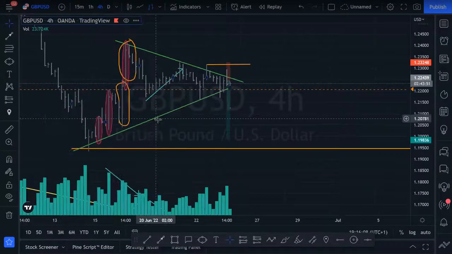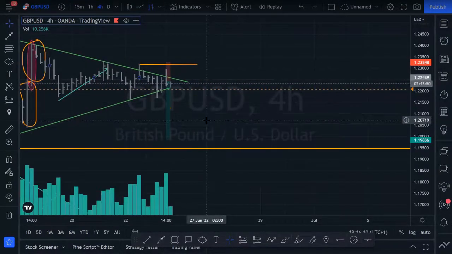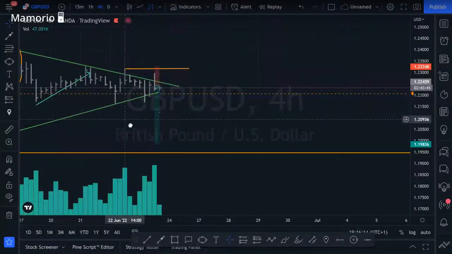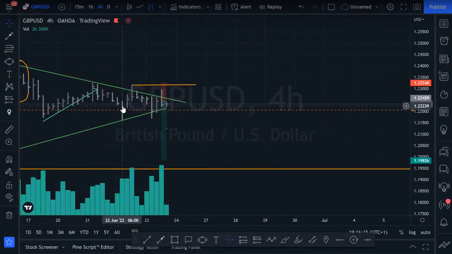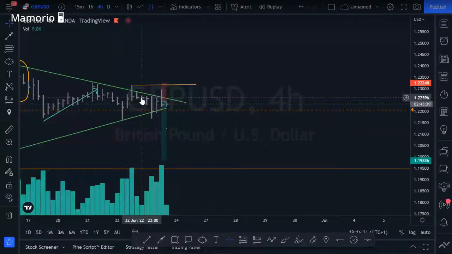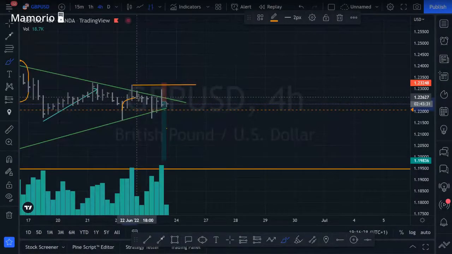Then let's look deeper at the closes here. We can see shortening of thrust among the closes. Let me indicate it to you. You can see shortening of thrust.